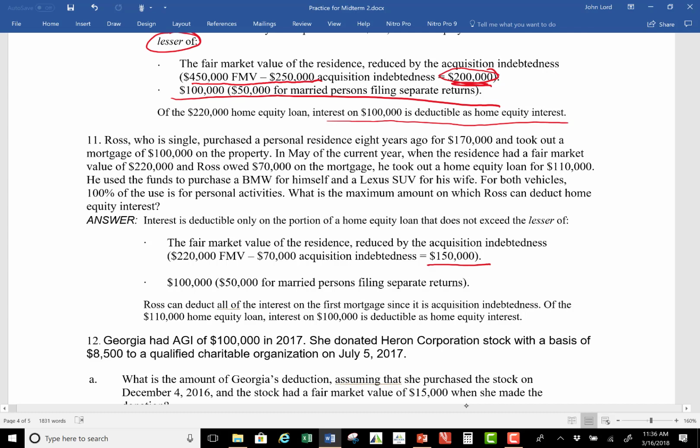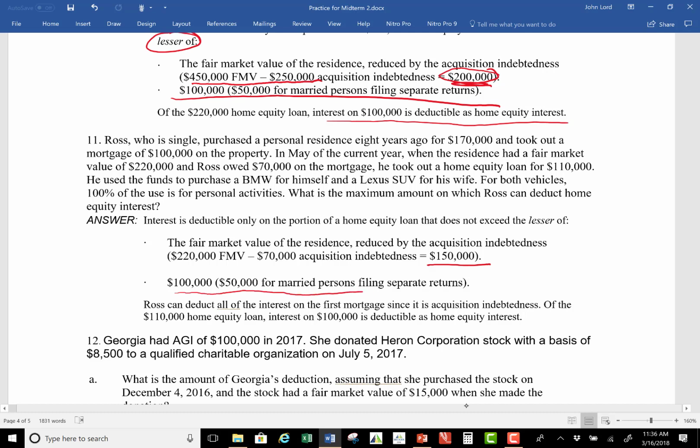For both vehicles, 100% of the use is for personal activities. What is the maximum amount that he can deduct on home equity interest? He can go with the 100,000, because it's the lesser, right?